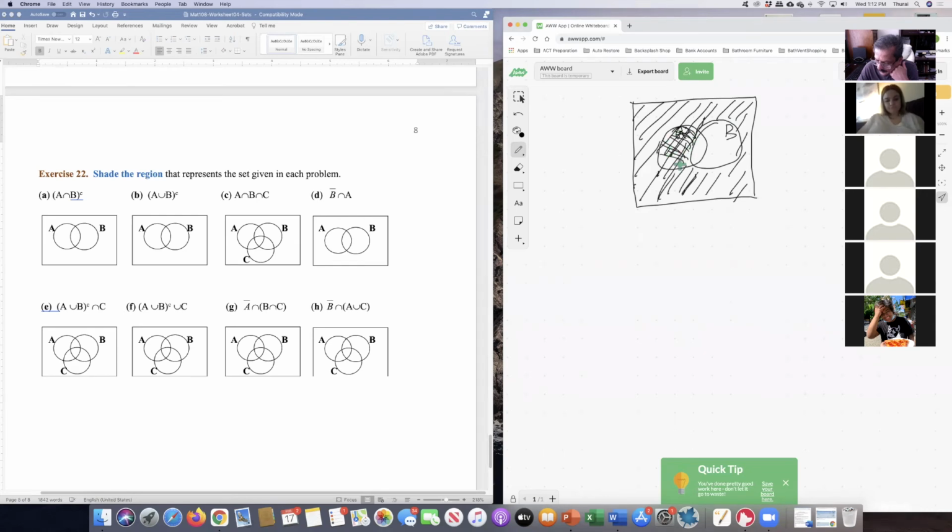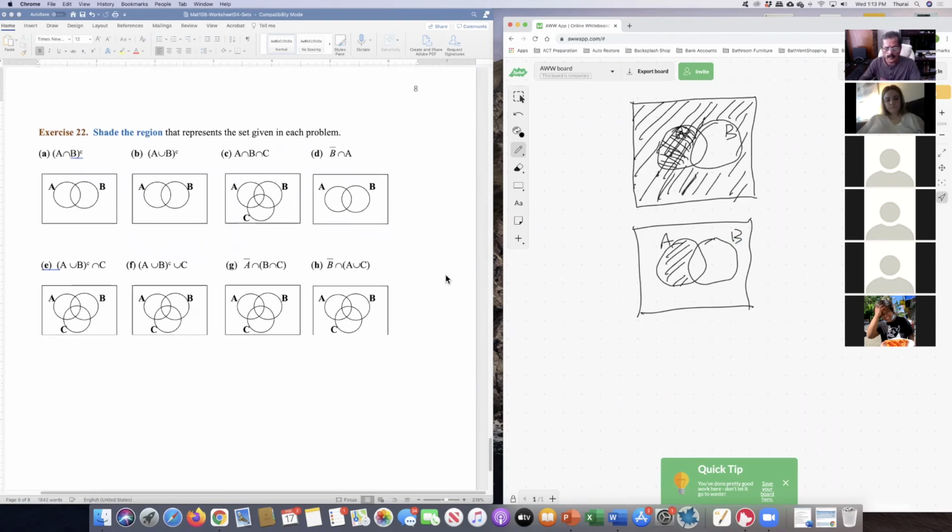This part of A is shaded right now. So B bar intersection A means what is common to A and the outside of B. So what is common to A and the outside of B is this. So that's your answer to that, right?